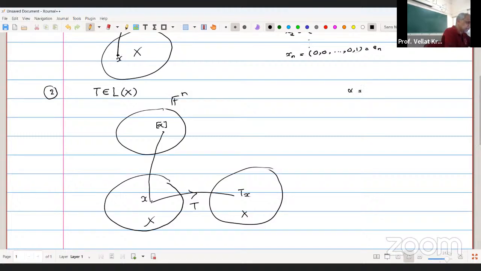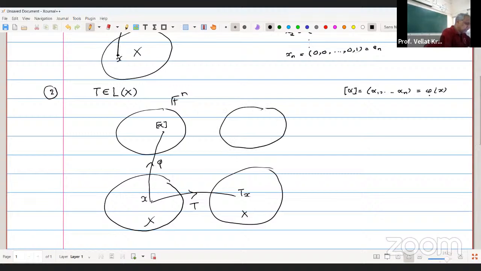Alpha is written as alpha 1 through alpha n, which is actually phi of x. So let us write down this phi. So we apply the same phi here.